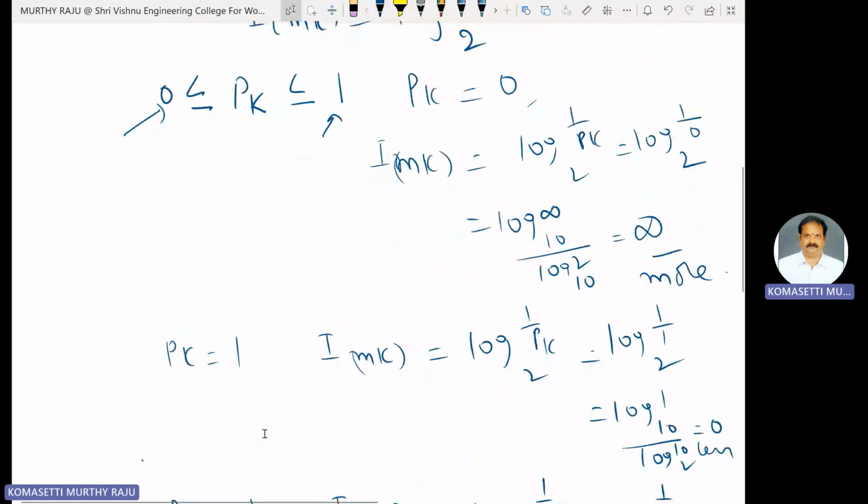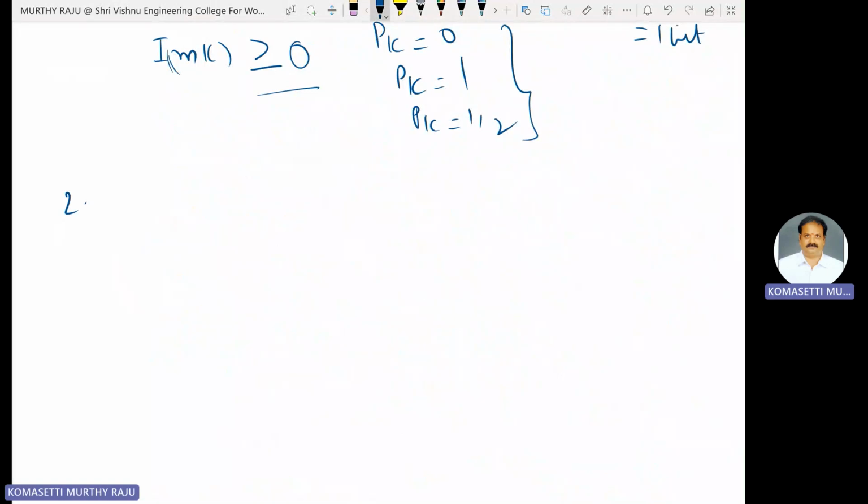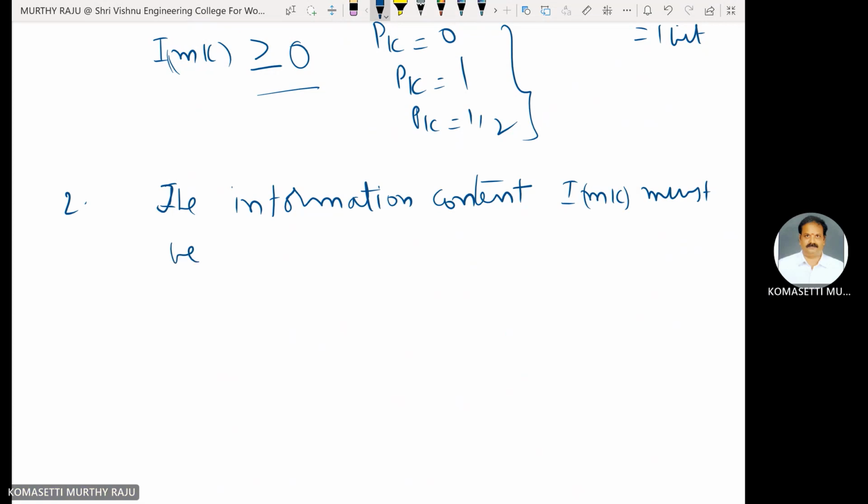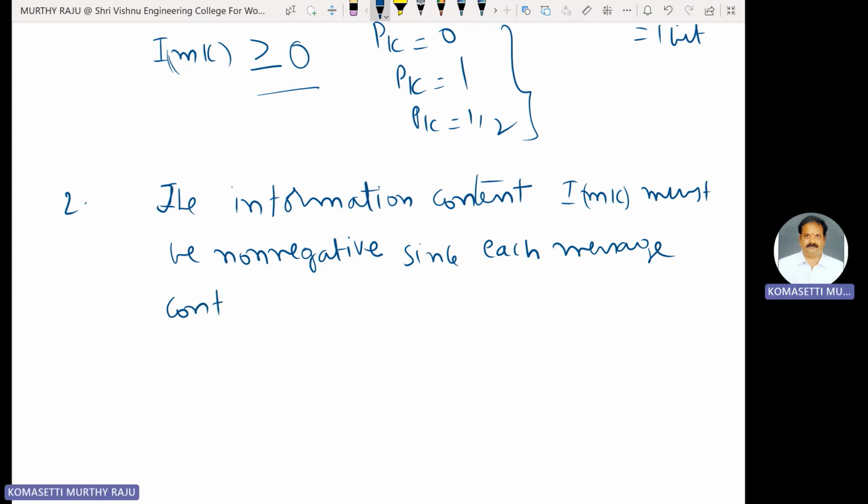Another, second property is the information content I of MK must be non-negative since each message contains some information.